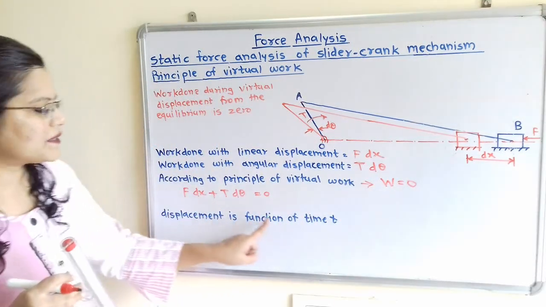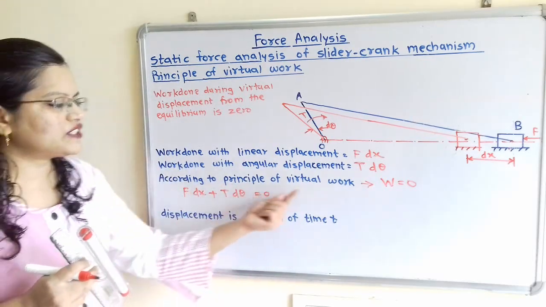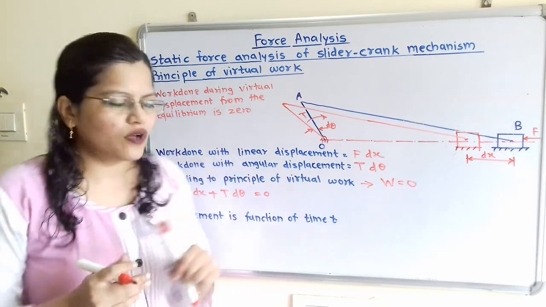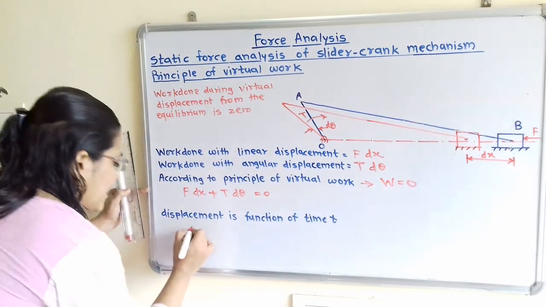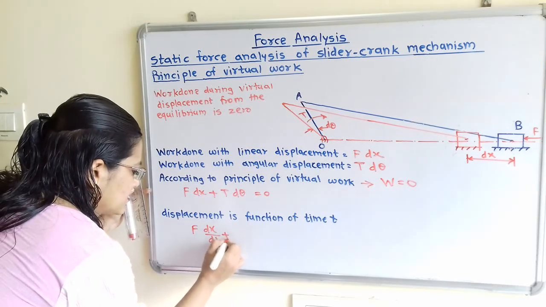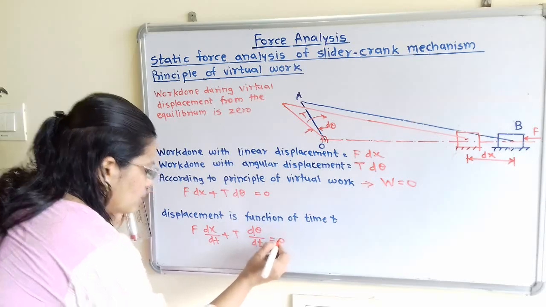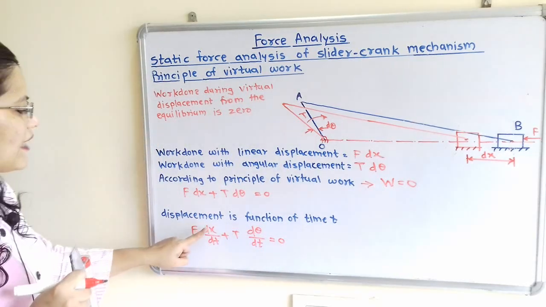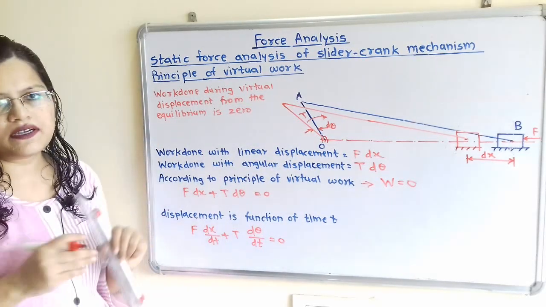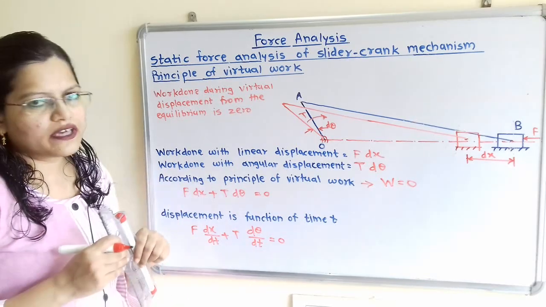Now this displacement is a function of time t. So we will differentiate this equation with respect to time t. So how to differentiate this? So F dx by dt plus T d theta by dt is equal to 0. Now we know that dx by dt is nothing but velocity and d theta by dt is nothing but angular velocity.